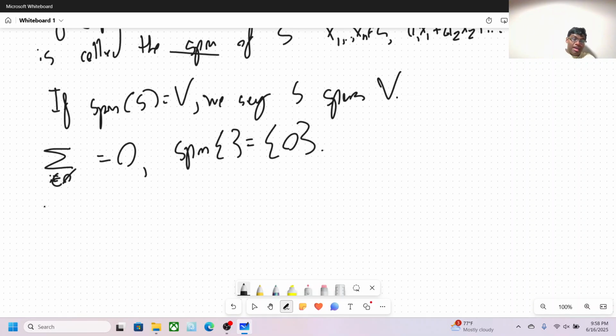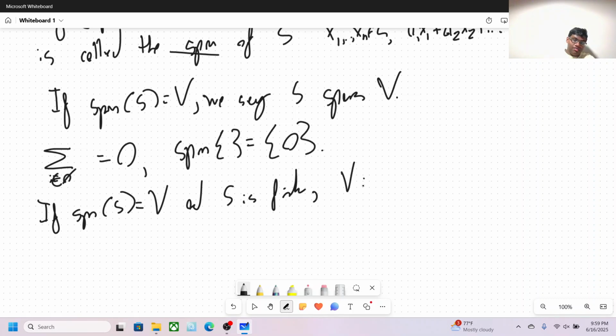And if span S equals V and S is finite, we will see soon that this is very special, and we are going to say V is finite dimensional.